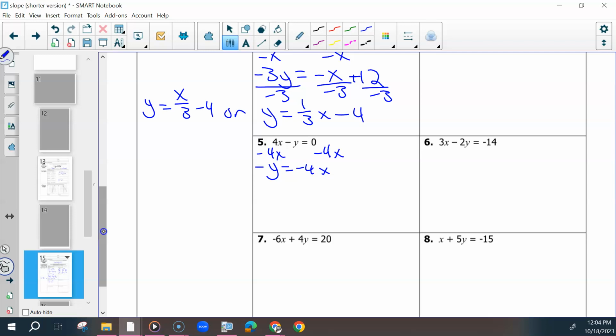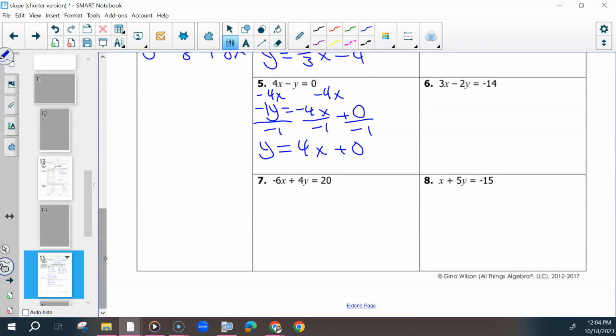Not that it has to equal a positive, but right now it's not by itself, so we've got to get it by itself. If you put the plus 0, you would also be dividing that by negative 1. So you can either have y equals 4x or y equals 4x plus 0. Either or, doesn't matter. Questions on that one? You multiply by 1, not divide by 1. So here, since these are already multiplying, you would divide.